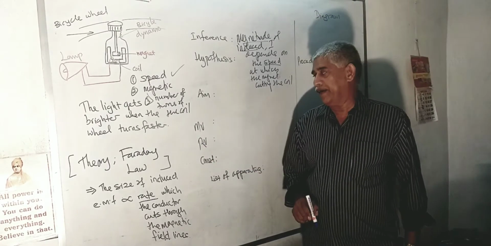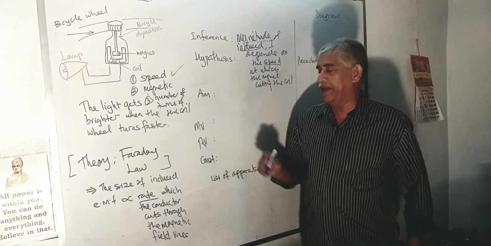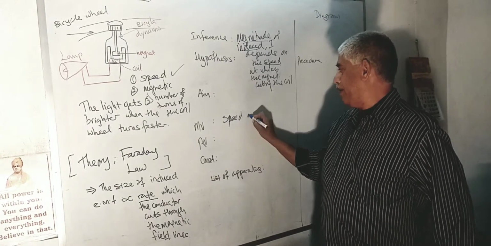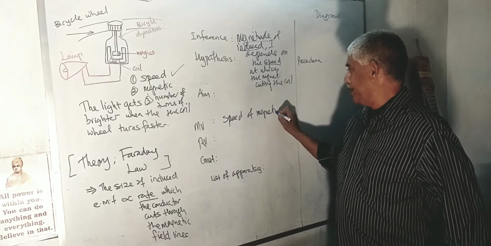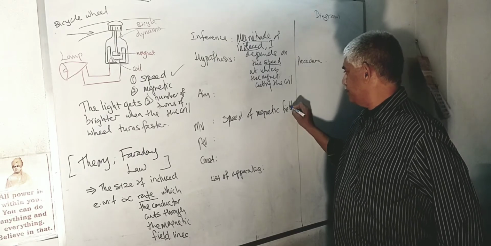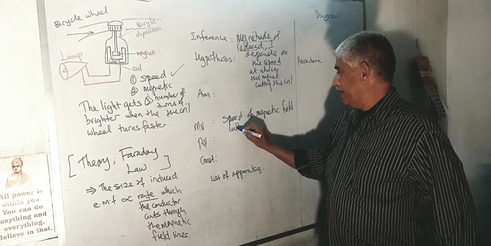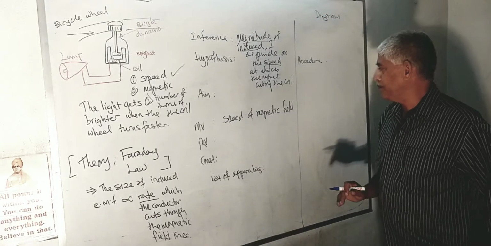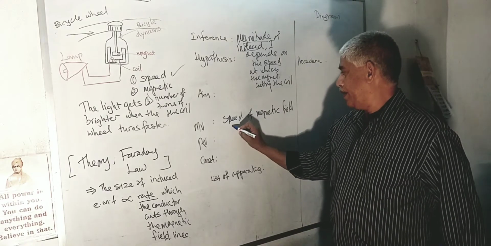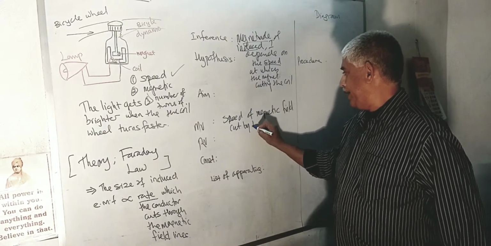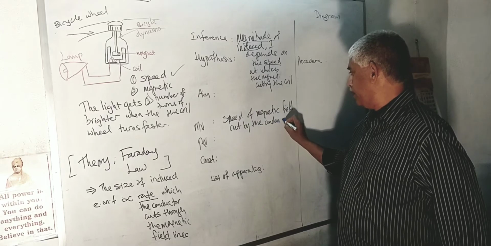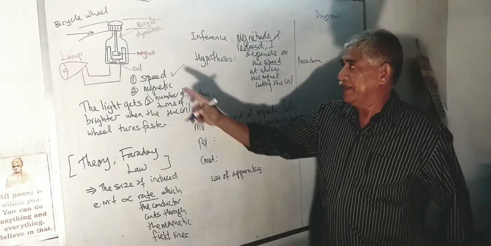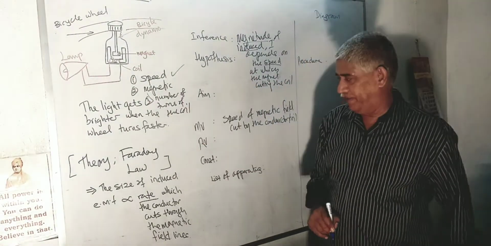So here the manipulated variable will be the speed of the magnetic field cut by the conductor or coil, the speed at which the coil is cutting the magnetic field.